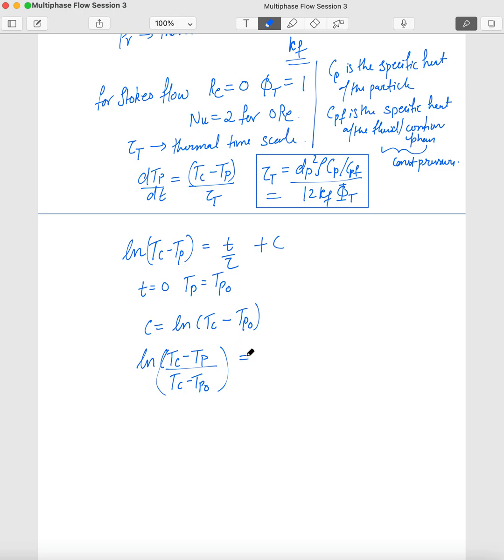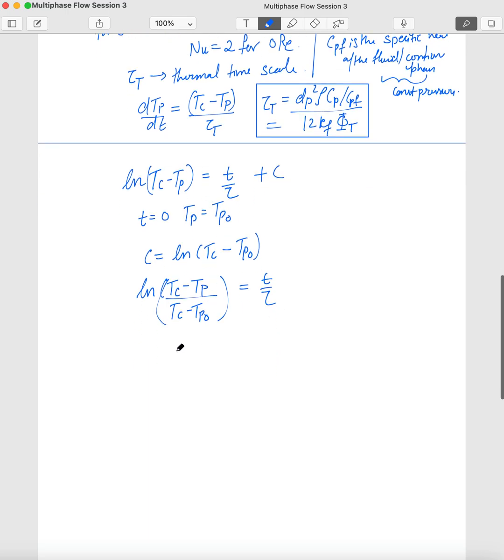So it will be t by tau, and so what we get is Tc minus Tp equals e to the power minus t by tau into Tc minus Tp naught.